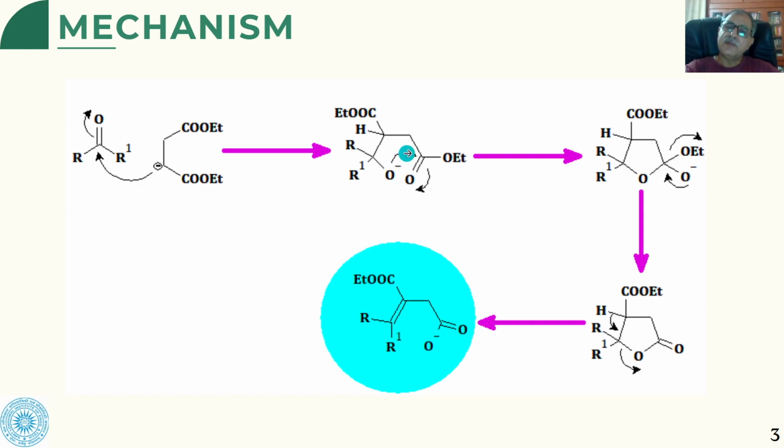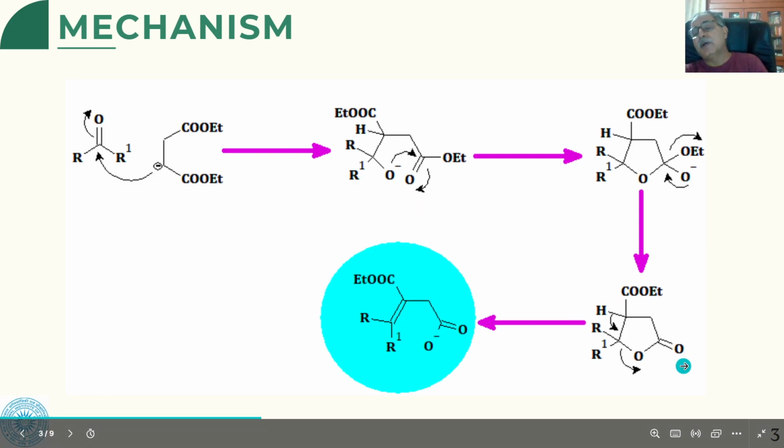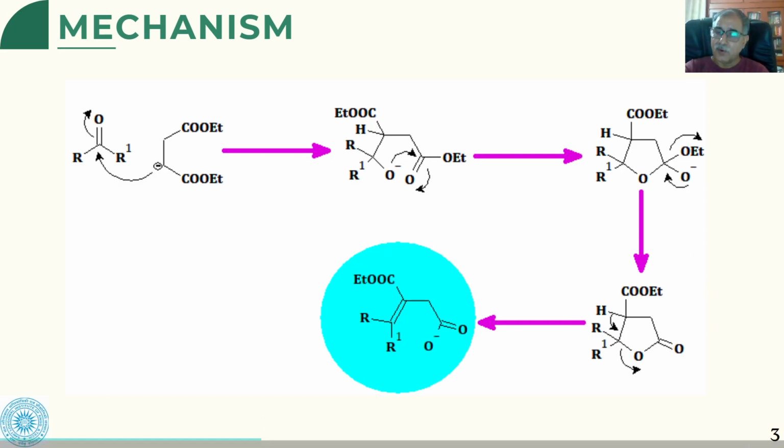Then this negatively charged oxygen will attack the other electrophilic carbon of the ester with the ultimate elimination of ethoxide ion, and this 5-membered intermediate will be formed.